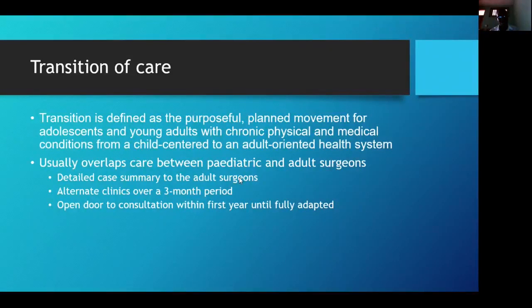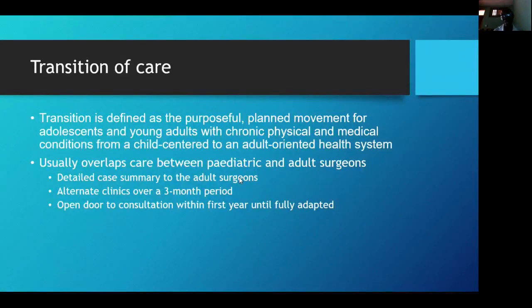In addition, one would also identify any residual problems that the child may have. For instance, for someone that had a transanal pull through or whatever kind of pull through for Hirschsprung's disease, such a child would require a summary highlighting what is remaining.